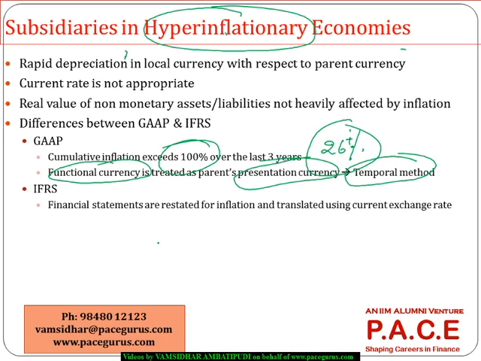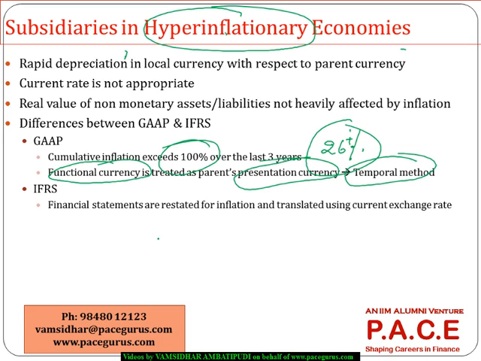If the subsidiary is operating in a hyperinflationary environment, irrespective of what its functional currency is, US GAAP says you convert the functional currency to the presentation currency itself and use the temporal method to restate the financial statements from the local currency to the presentation currency. That is the way GAAP suggests handling hyperinflationary subsidiaries.